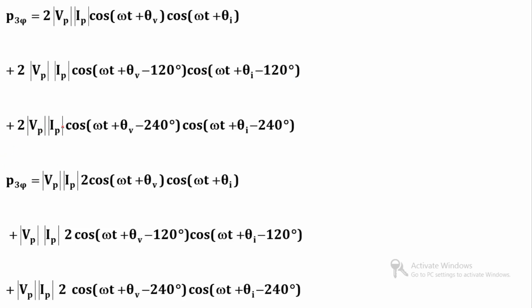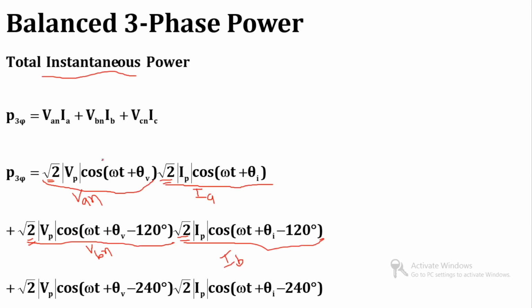Similarly plus 2 Vp Ip cos omega t plus theta v minus 240 into cos omega t plus theta I minus 240 degree. I write root 2 into root 2 is equal to 2 mod Vp Ip. Clear? So that is 2 mod Vp Ip, and the angles I will write together.